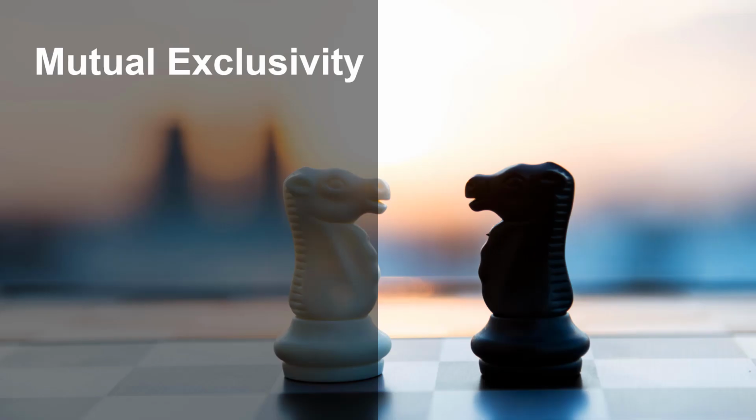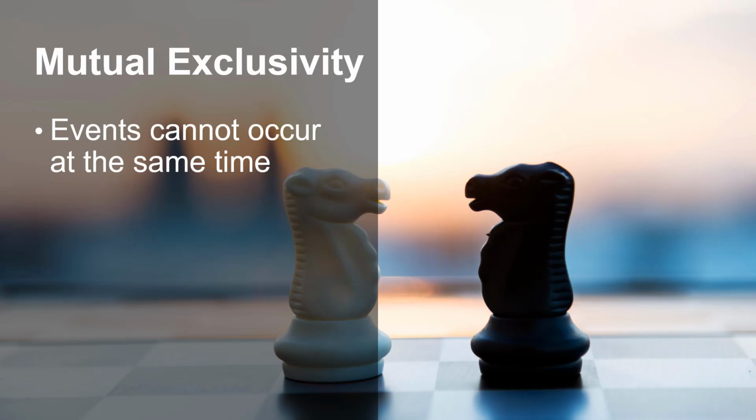Before we can get into the decision tree diagram, we should discuss what is known as mutual exclusivity. Don't worry, it's a very simple concept to understand, I promise. Mutually exclusive events are things that can't happen at the same time. For example, a car is either on or off. It can't be both on and off at the same time. But you're not limited to two options.